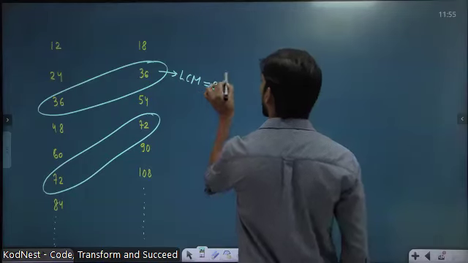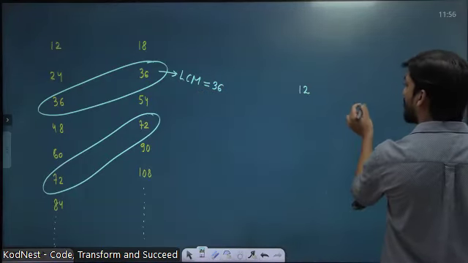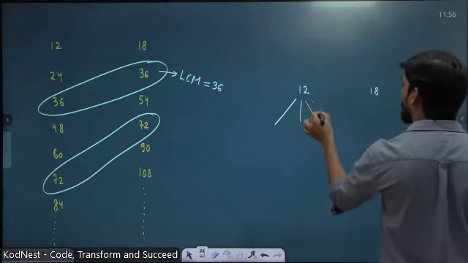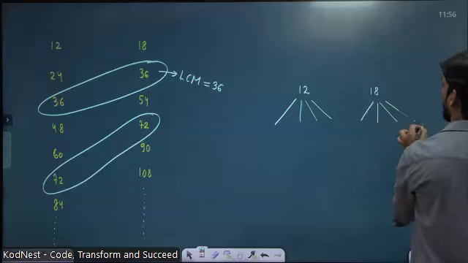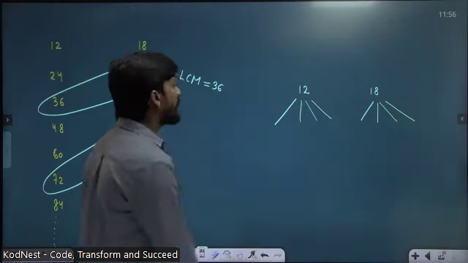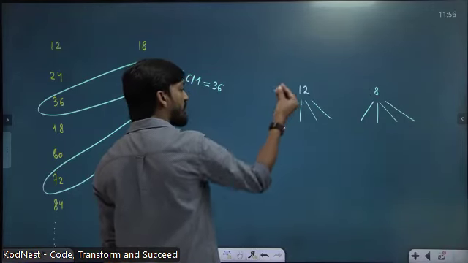Similarly, let me now define the highest common factor. Tell me the factors of 12. Factors means the numbers which divide 12 completely. So 12 is divisible by what?